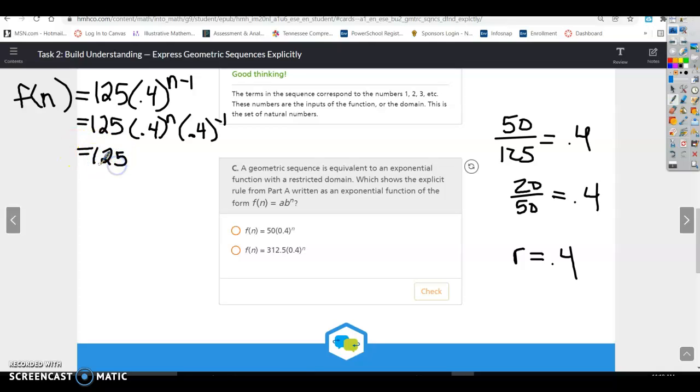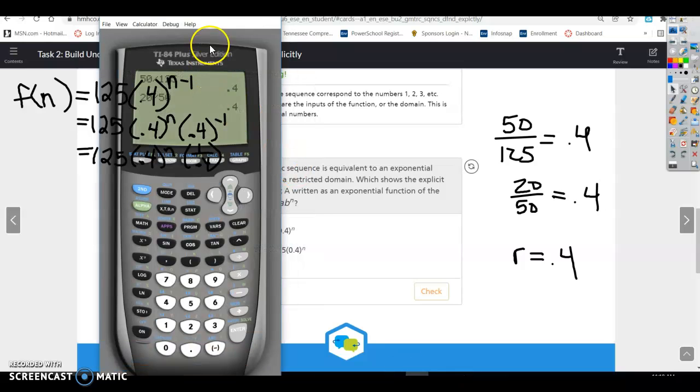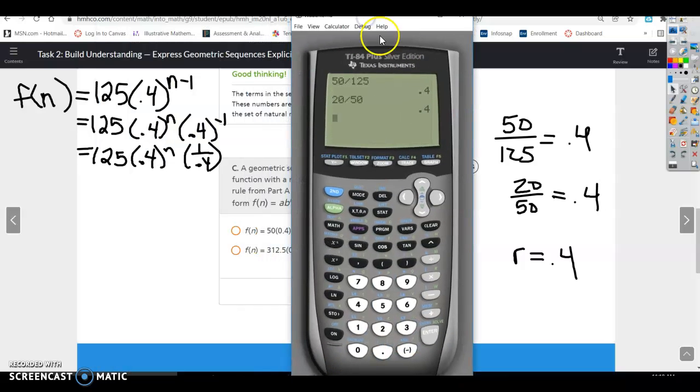So we're going to have 125 and then 0.4 to the n power. And now let's evaluate what is anything to a negative exponent is going to be 1 over 0.4. So that would just be to the first power now. And what is 1 divided by 0.4? 2.5.